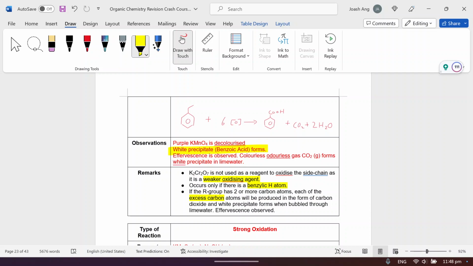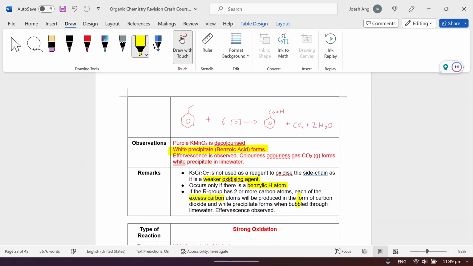Only instantaneous dipole-induced dipole forces can be formed between the benzene ring and water, and the energy released is not enough to compensate the energy used to break the strong hydrogen bonds between either your benzoic acid molecules or your water molecules.